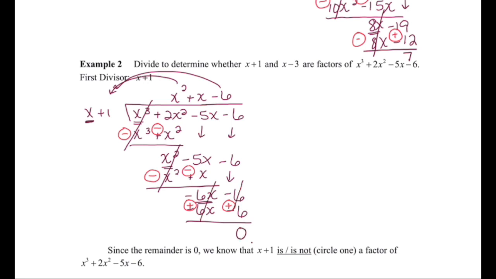So this is our first example where we have no remainder. Since there is no remainder, we know it goes in there evenly. So x plus 1 is a factor. And now we can consider x squared plus x minus 6 the reduced polynomial.